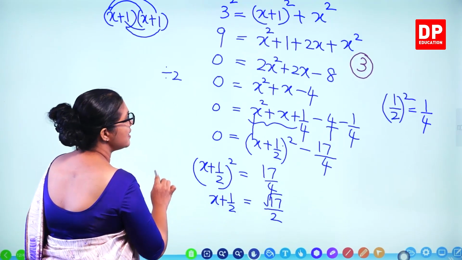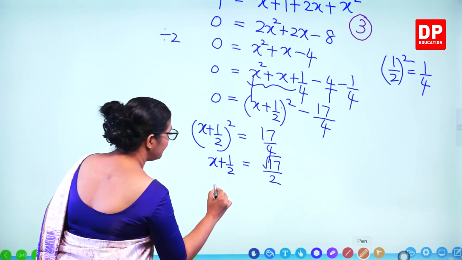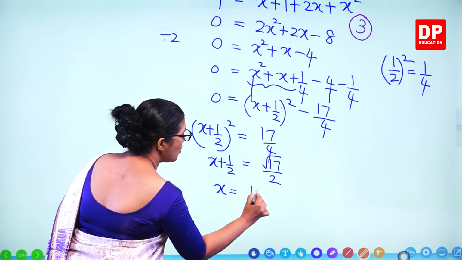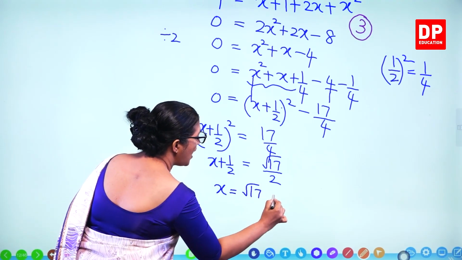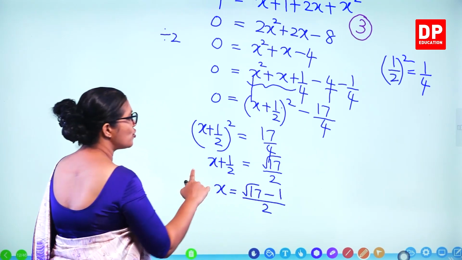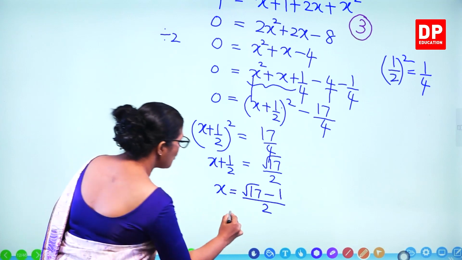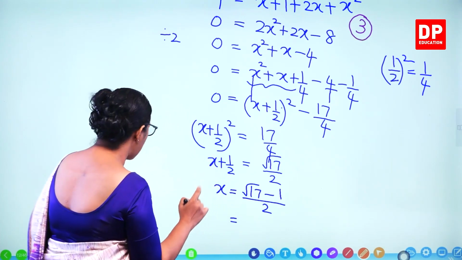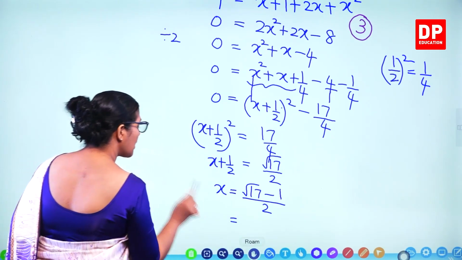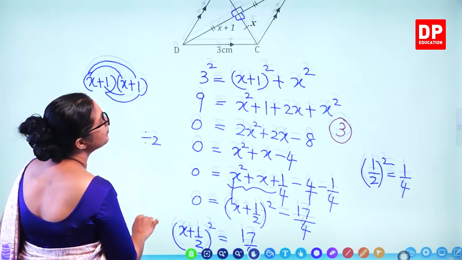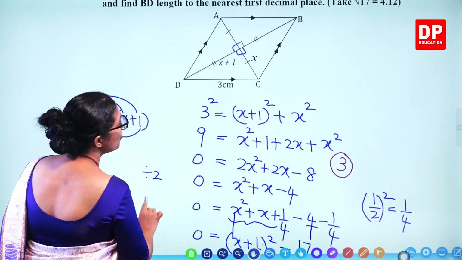Now, what's the x value? Root 17 minus 1 divided by 2. 2 is the lowest common multiple. Now, you can substitute the value. What's the root 17 value given? 4.12.